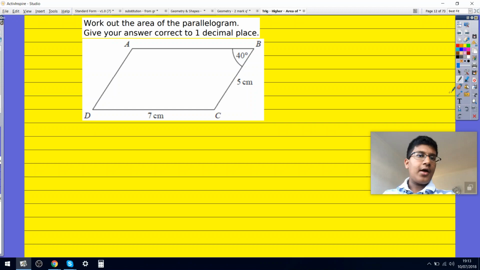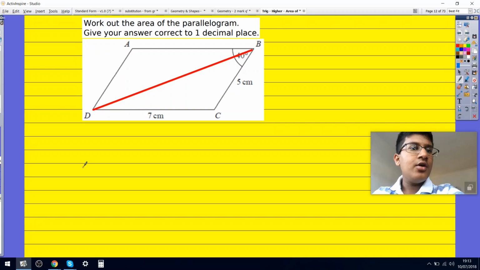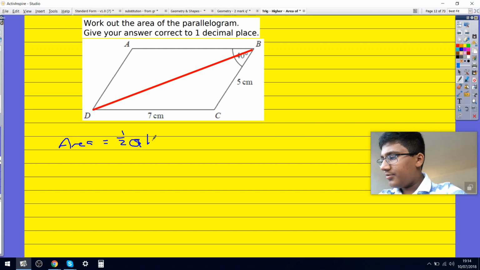Because those 2 co-interior angles, the angle ABC and DCB, add up to 180, we know the angle C would be 140 degrees. We have 5 and 7. So we use the half AB sine C, and with that we get a half times 5 times 7 times sine 140.